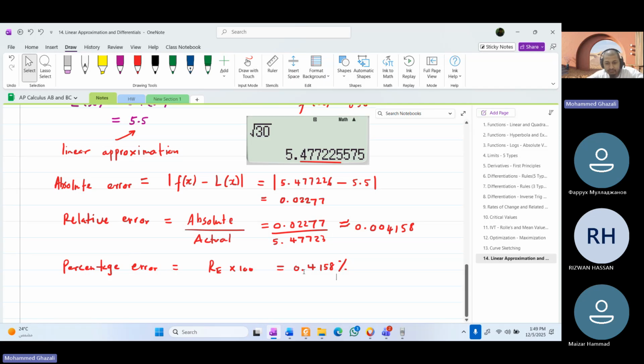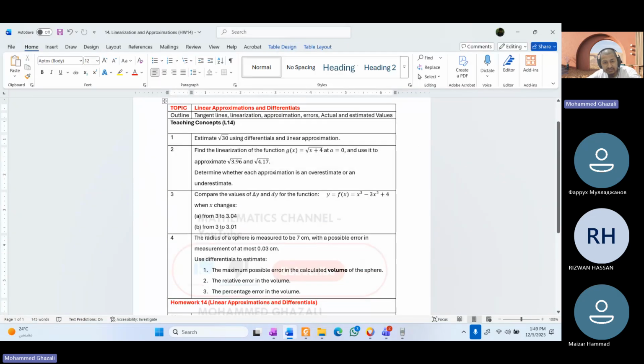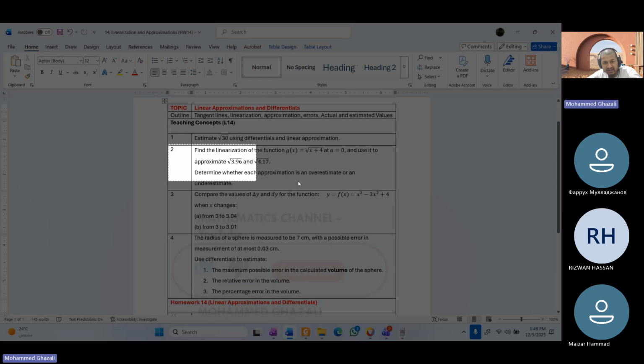Are we good, guys? Yeah, thank you. So it's more applied in the real world, in stats. We do these types of things to check. There's something called level of significance that you work with. Okay, so the second problem that we're working with is we're going to find a linearization function.